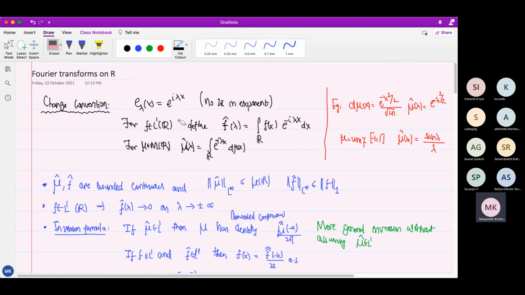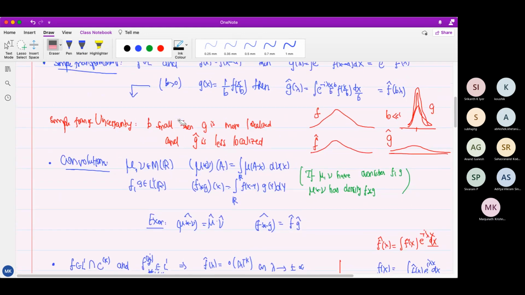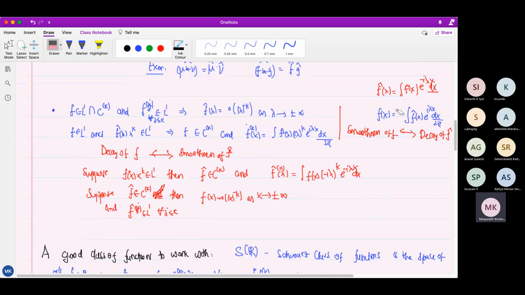If I differentiate f hat, the derivative is minus i x. But what is the f dash Fourier transform? If you differentiate, you get i lambda. Okay, actually I made a mistake. I think it is i lambda f.